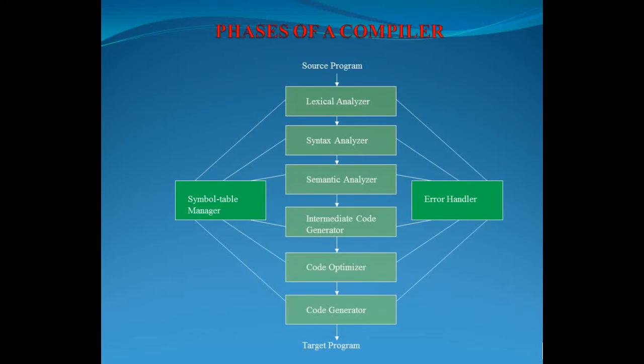The symbol table is a data structure that stores the data present, and the lexical analyzer gets the source program as a language and splits the source program into several parts.